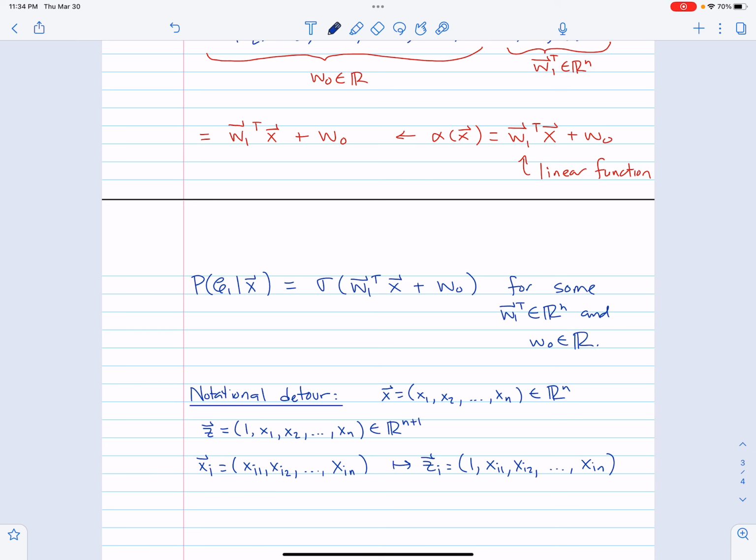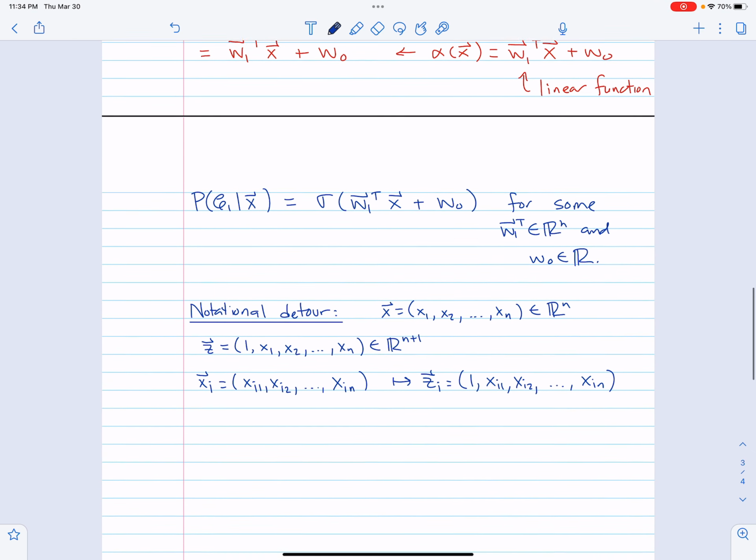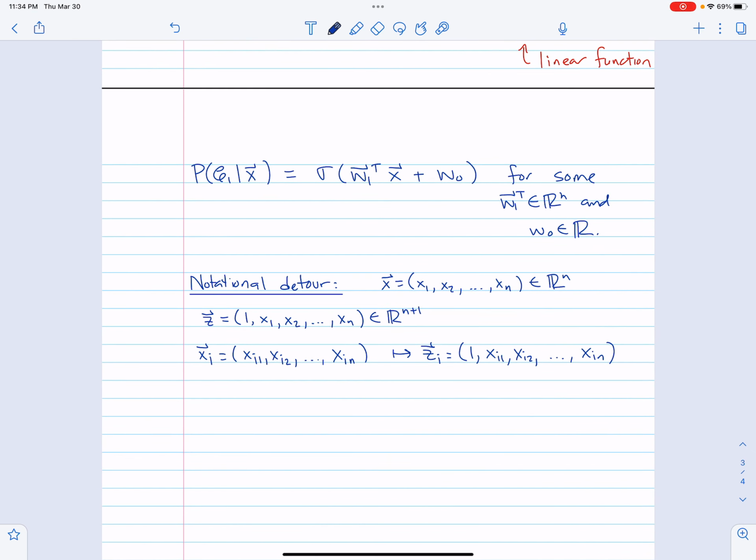Okay, and the reason we want to do that is because then I'm just going to create a single vector w, which is really just my w naught, then my w1 vector transposed. So I'm grouping my vector.